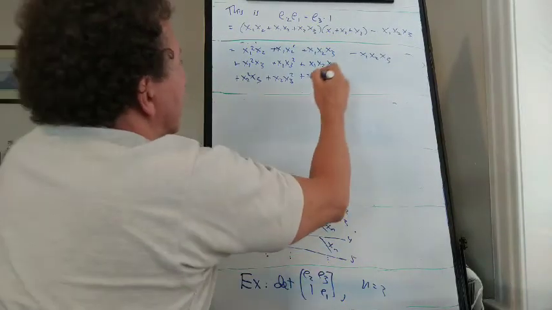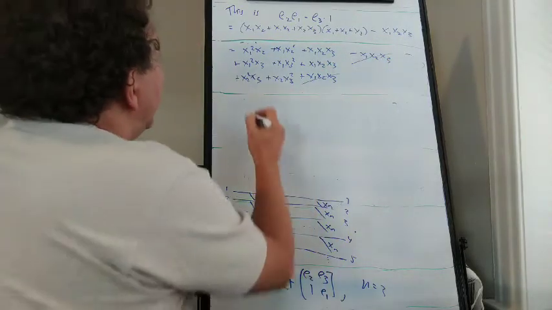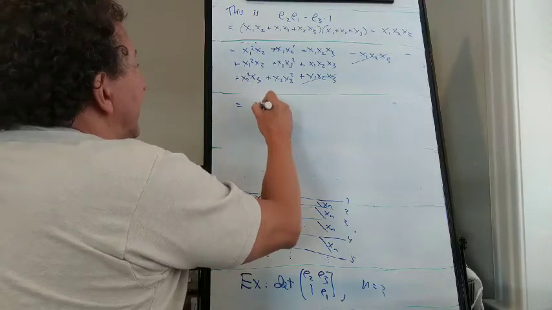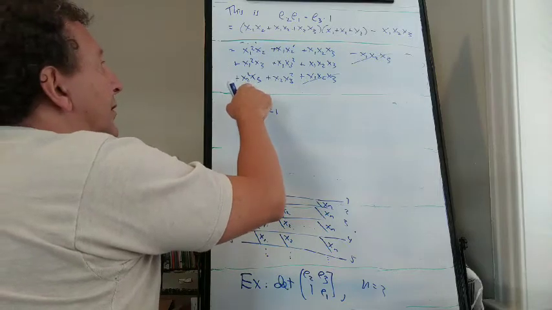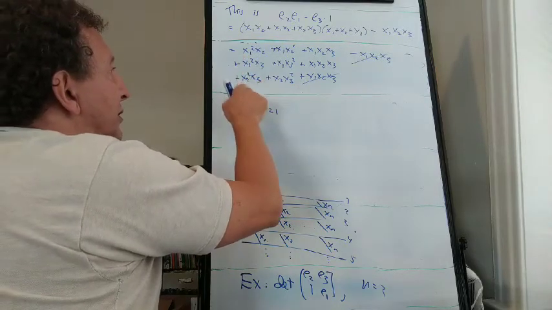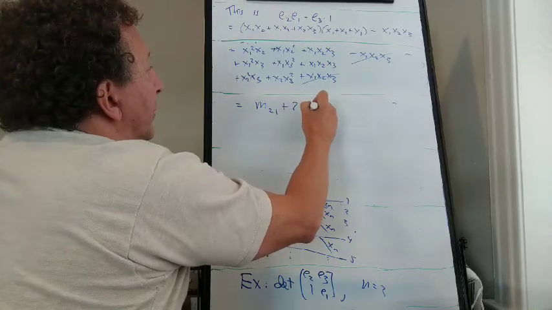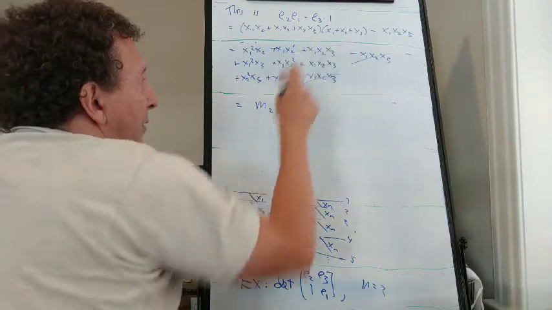So we'll basically just cancel one of these and cancel that. And we get, let me write shorthand m21 for all the monomials where the exponent sequence is a single 2 and a single 1. And then m111 for all the monomials where the exponent sequence is 1, 1, 1.